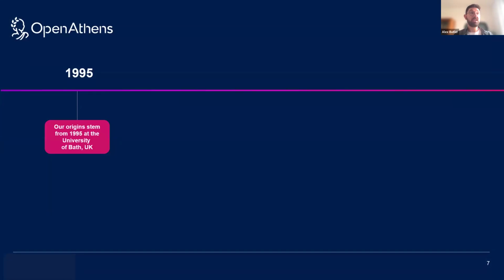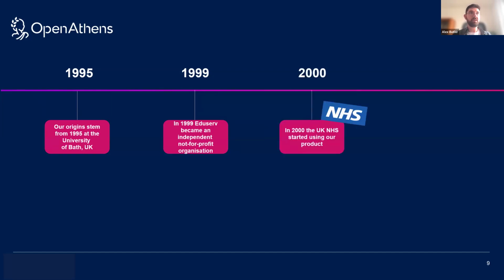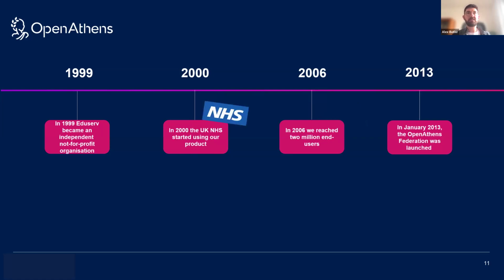Cool. So, a bit of a history lesson. In 1995, we started at the University of Bath as the Athena project. Then in 1999, we became part of EduServe. We were part of EduServe all through the 2000s, up until 2006, when we hit 2 million end users.